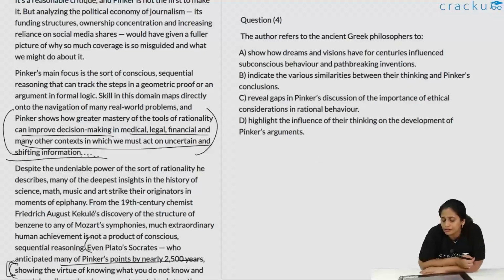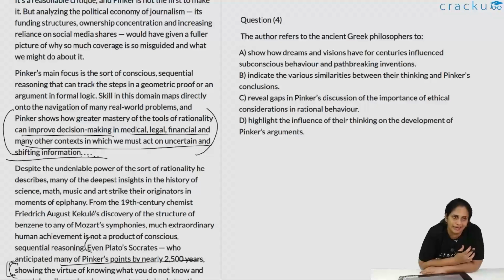The author refers to the ancient Greek philosophers too. So the author refers to the ancient Greek philosophers to show that they agreed with Pinker on many ideas about the use of rationality, about like considering what you know, what you don't know, actually using logical reasoning. But even they assigned a primacy to ethical and moral point of view. They said, okay, you have to be first moral, you have to be first ethical.